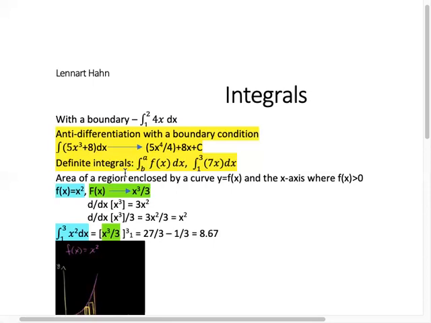And then we have that boundary of upper boundary 3, lower boundary 1, as we see here. So these two numbers correlate. Now we plug both numbers in. So 3 cubed over 3, and then 1 cubed over 3: 27 over 3 minus 1/3, 8.67. So essentially just plug both boundaries in.